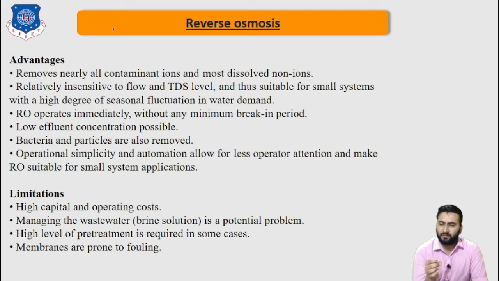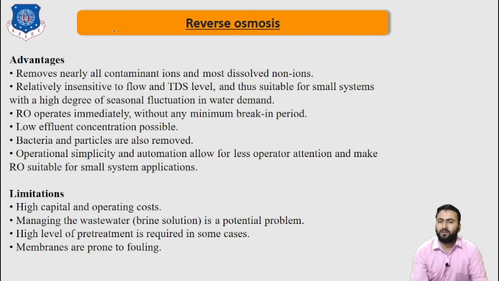Removal of nearly all contaminant ions and most dissolved non-ions is an advantage of reverse osmosis. Reverse osmosis is relatively insensitive to flow and trace contaminants, unlike ion exchange, thus it is suitable for small systems with a high degree of seasonal fluctuation in water demand.